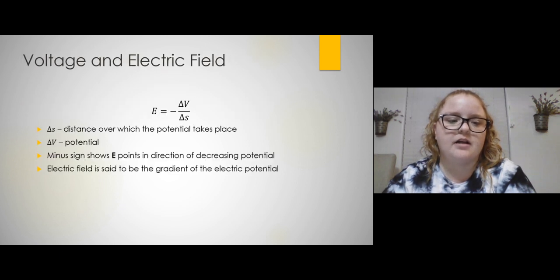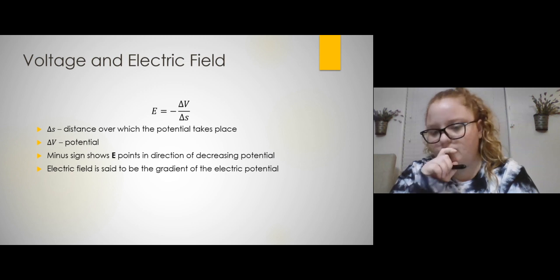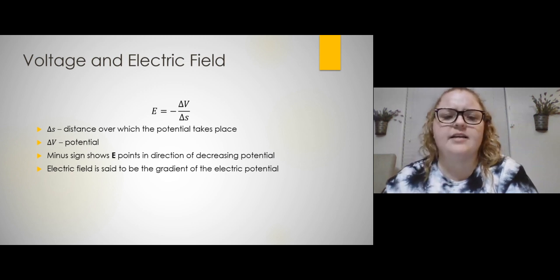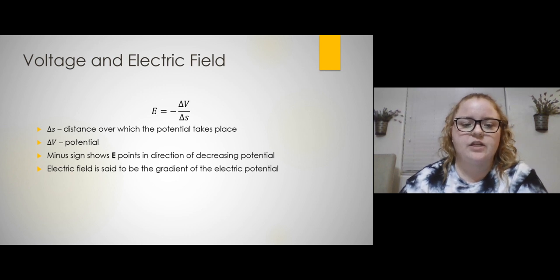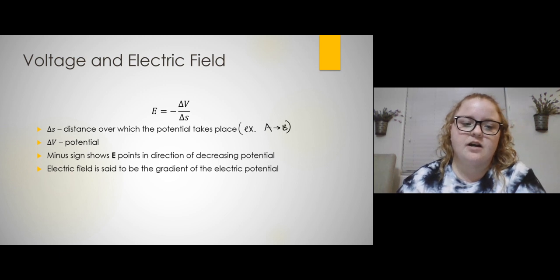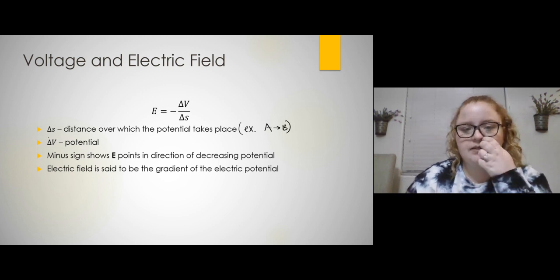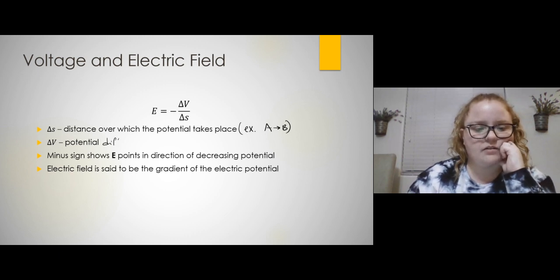All right. Let me quickly mention this. This is voltage and electric field. So this is a way to look at the distance over which a potential takes place, like from A to B. And then of course, delta V is the potential difference.